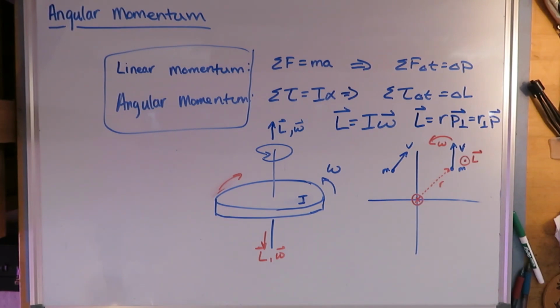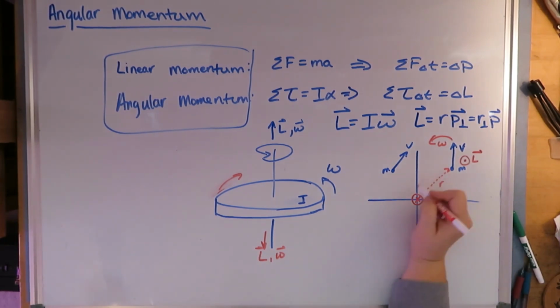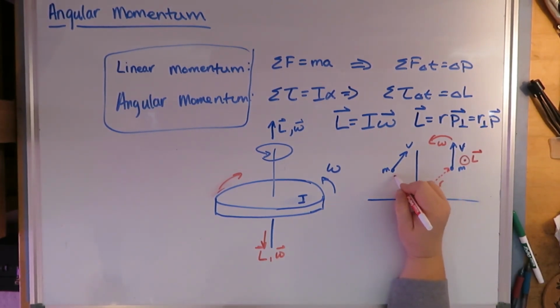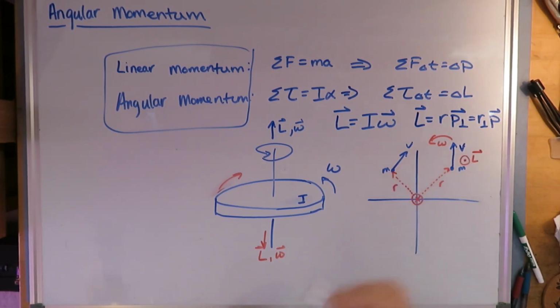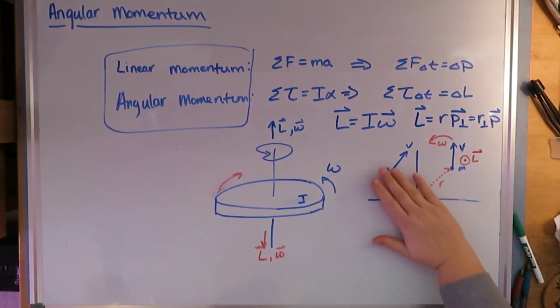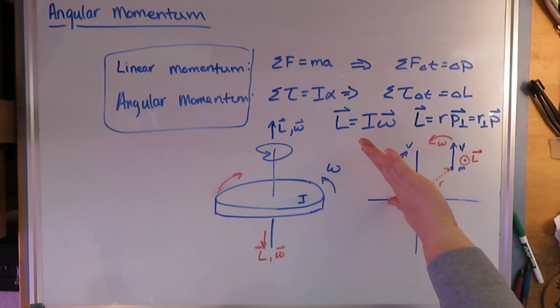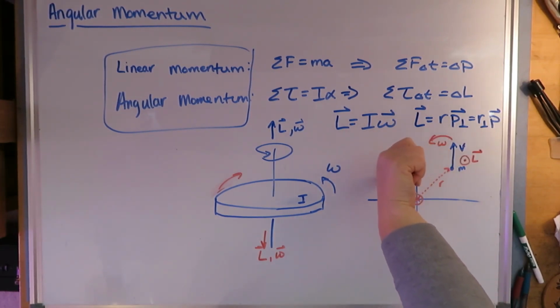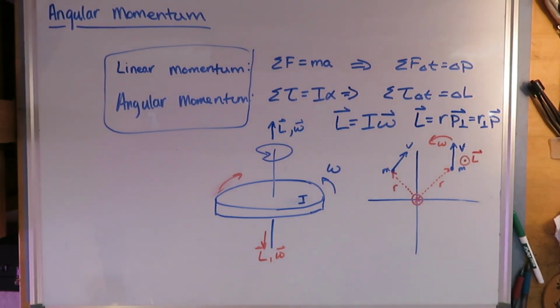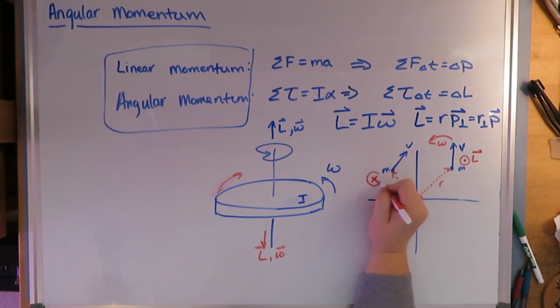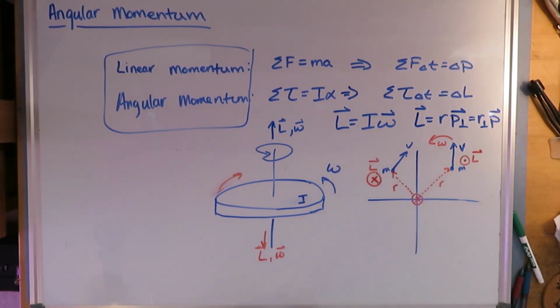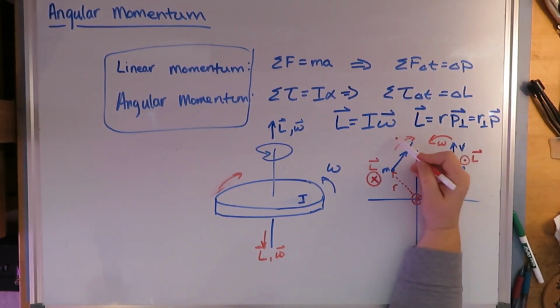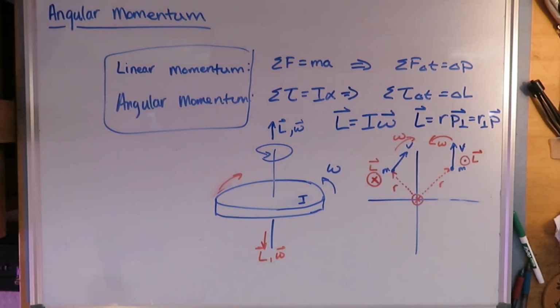Going through the same process to make sure we get it: if I draw the lever arm starting at the axis of rotation, there's R. I point my fingers in the direction of R, rotate my palm in the direction of the velocity, and then curl my fingers. In this case, I would end up with an angular momentum that would be into the page, because that would have an associated angular velocity that represents more of a clockwise motion.